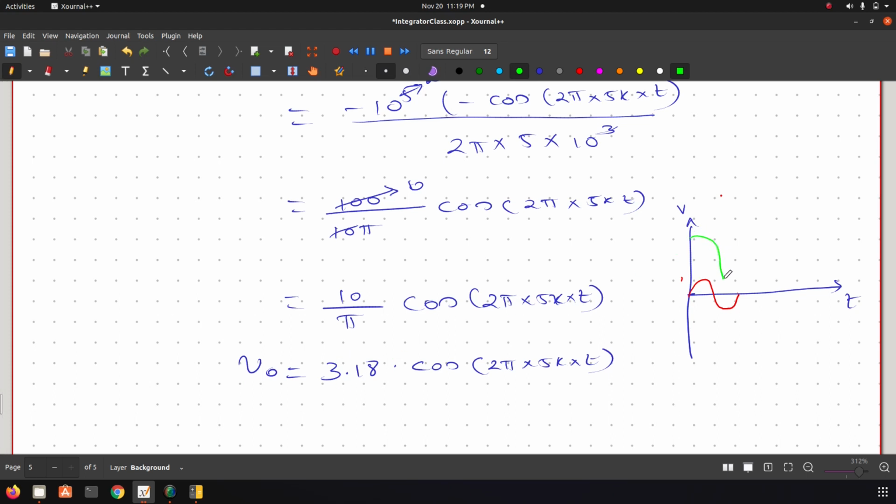So it's a cos wave, an integration of the input. Here we have 3.18 for the output waveform. This is the output and this is the input.